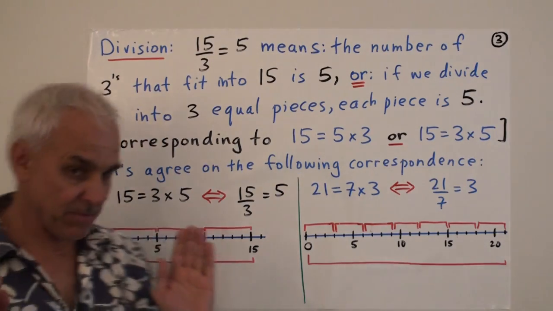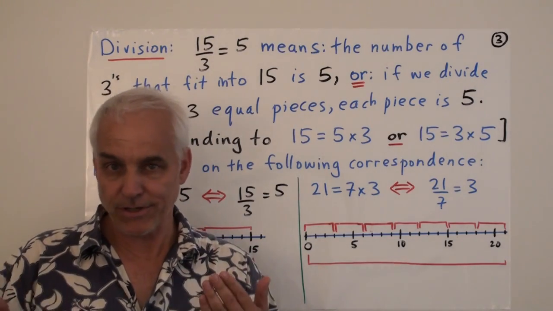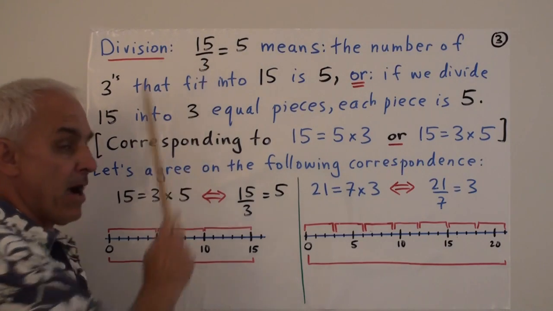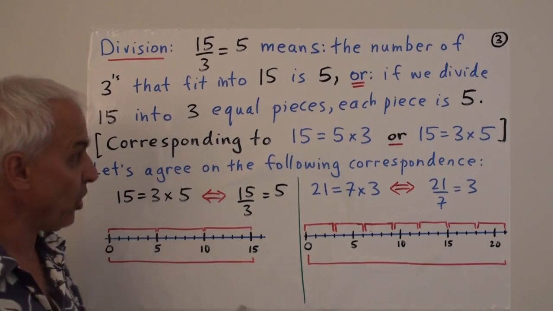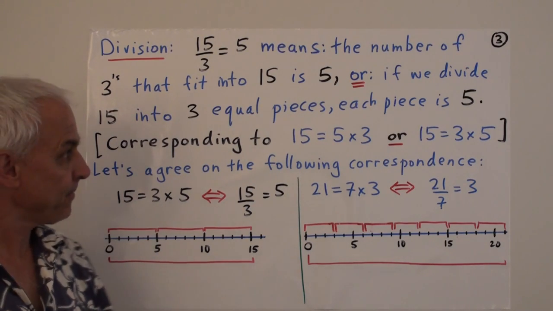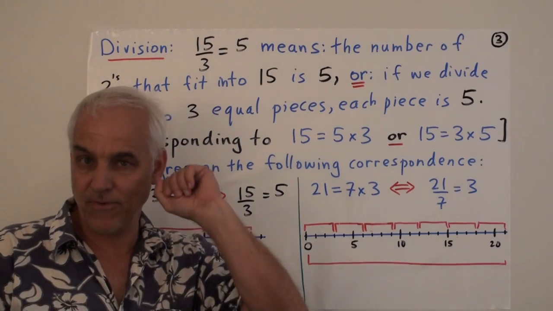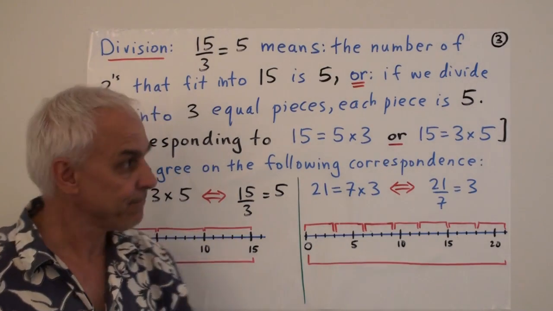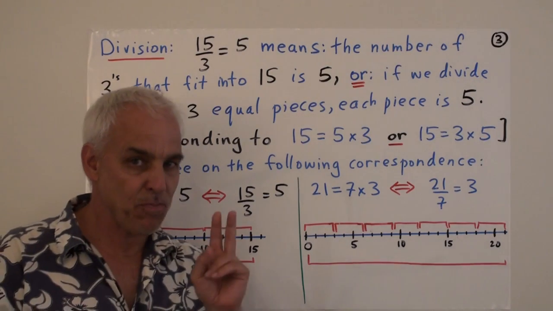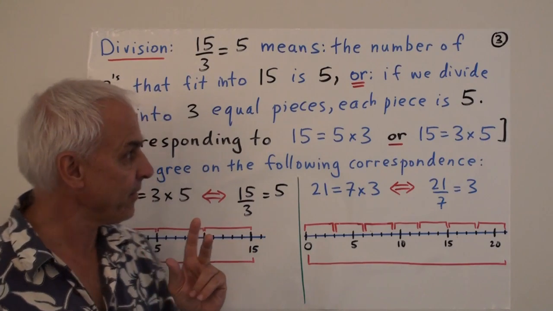So let's first talk about division of ordinary natural numbers or integers. If we have 15 divided by 3, we all know that that's equal to 5. What does that actually mean? Actually there are two possible things that this can mean, and they're subtly different.